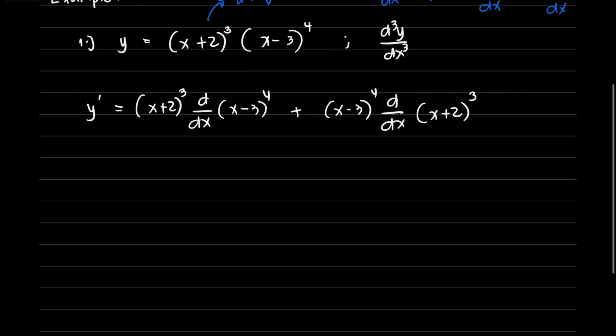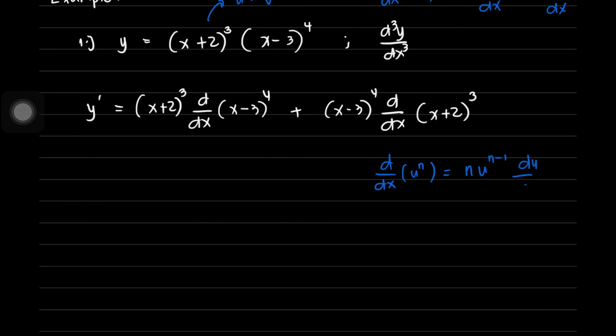So in here, we're going to have a derivative of a power. And the derivative of a power, if we're going to recall again, the derivative of u raised to n with respect to x is equal to n u raised to n minus 1 du over dx, given that u is a function of x.